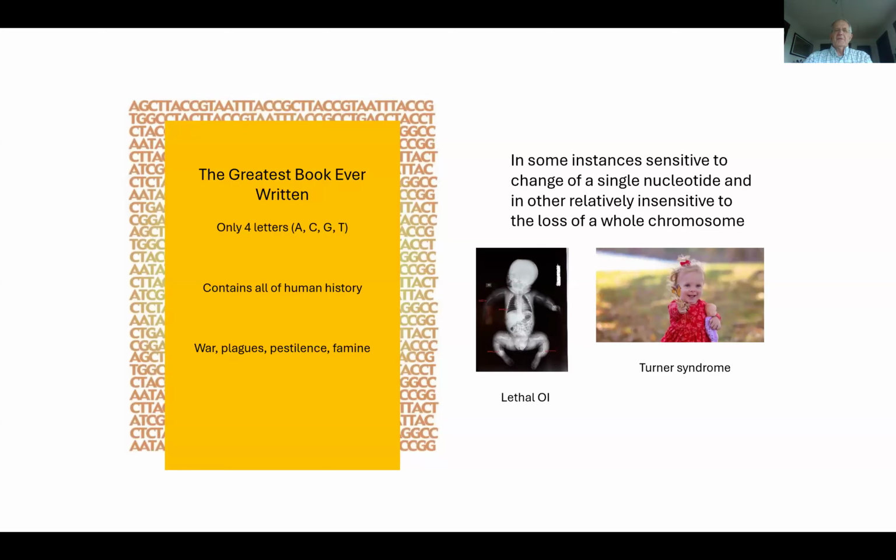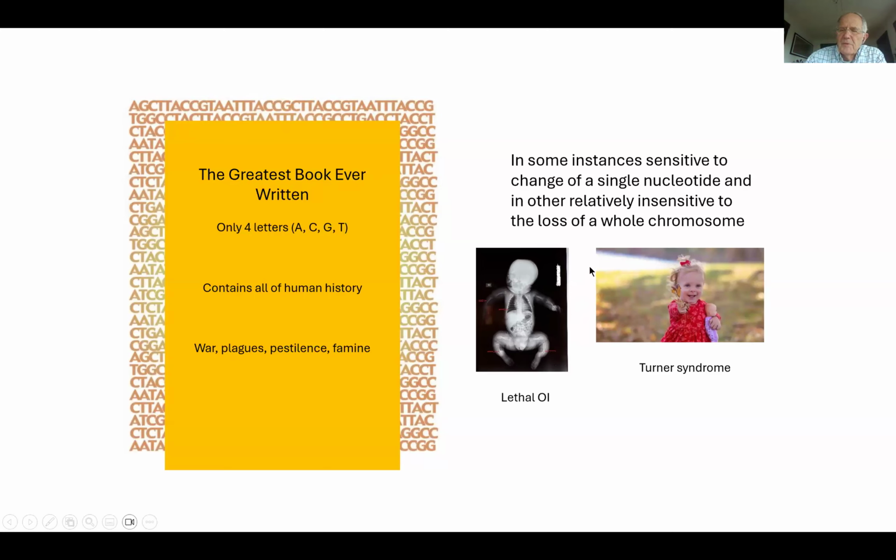And the thing that's astonishing about it is that in some instances, it's sensitive to a change of a single nucleotide. That is one building block. Each of these letters is a nucleotide. And that can give you a lethal form of osteogenesis imperfecta.